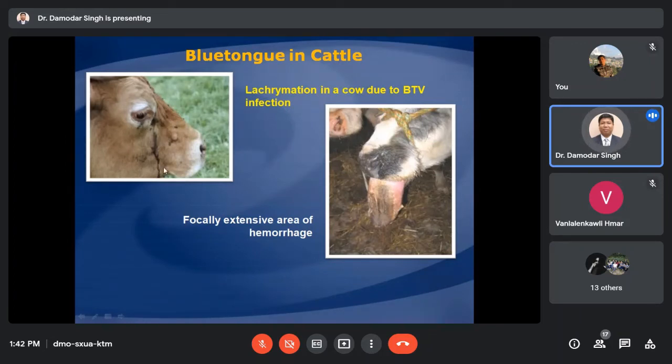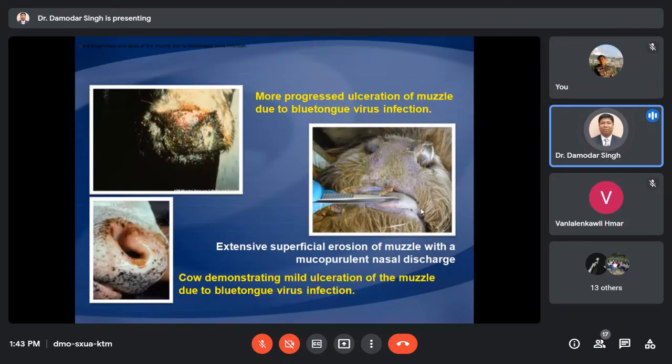So lacrimation is very common, and some focally extensive areas as well as hemorrhagic lesions on the tongue are also there in cattle. Sometimes some ulcerative lesions may be found on the muzzle, and superficial erosive lesions on the tongue, as well as some mucopurulent nasal discharges from the affected animals, right?